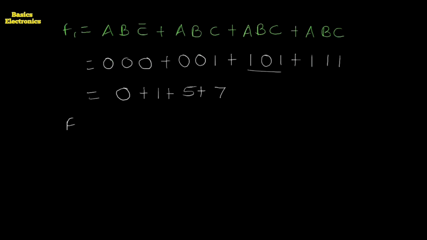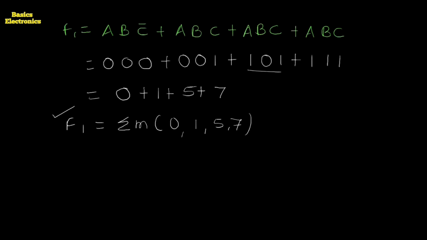So the F1 equation is again given by using the summation of minterms in brackets 0, 1, 5, 7. Okay, this equation can be written as F1 equals summation of minterms 0, 1, 5, 7.